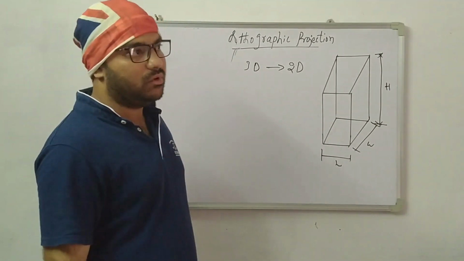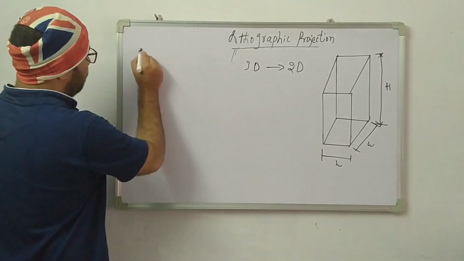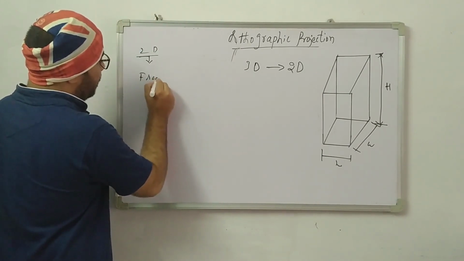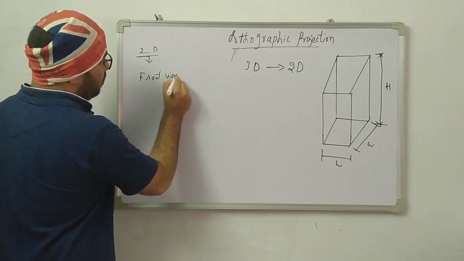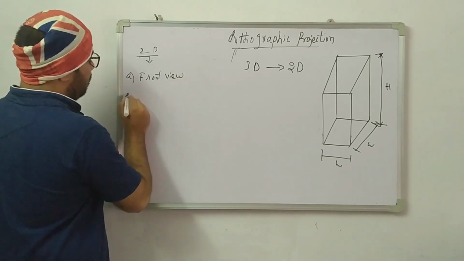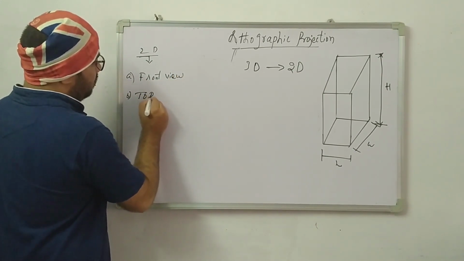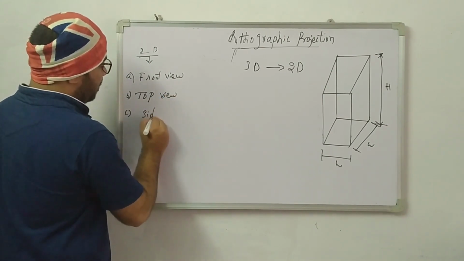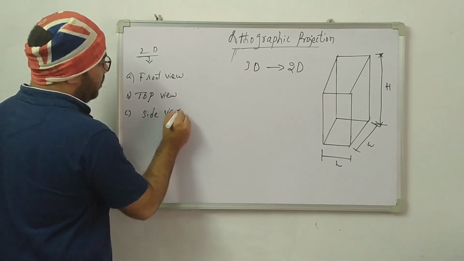So how many views are there in two-dimensional? We have the front view, the top view and the side view.